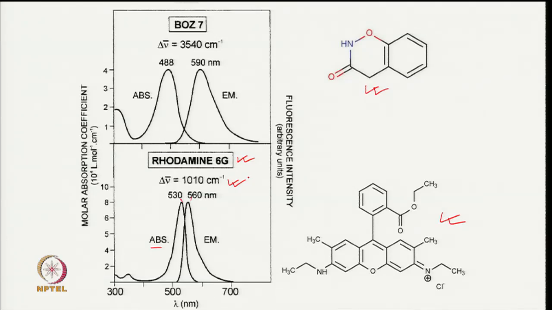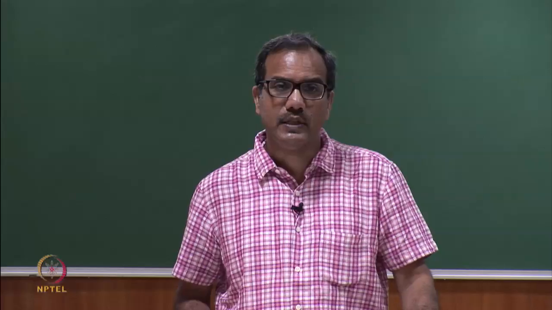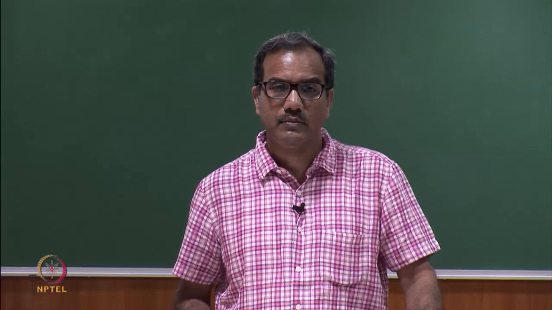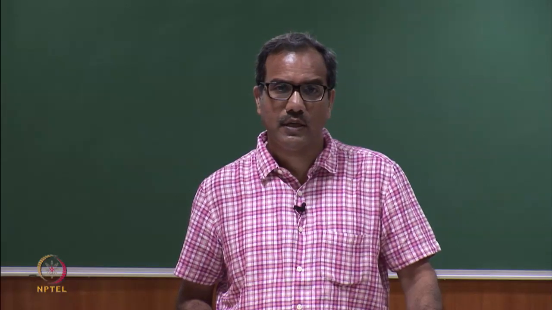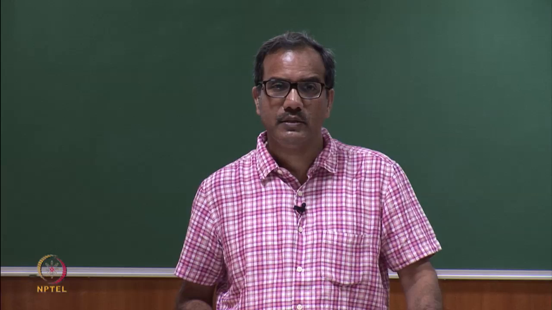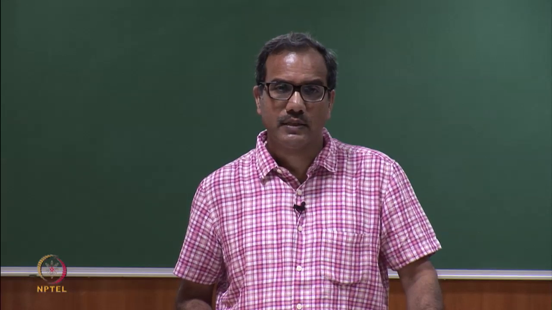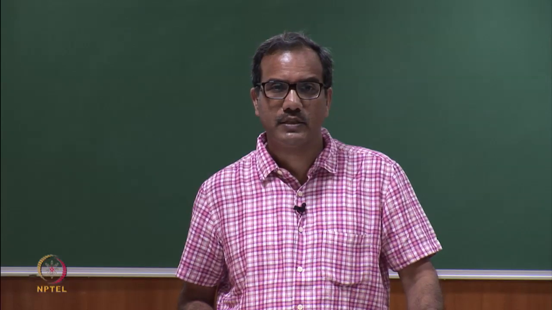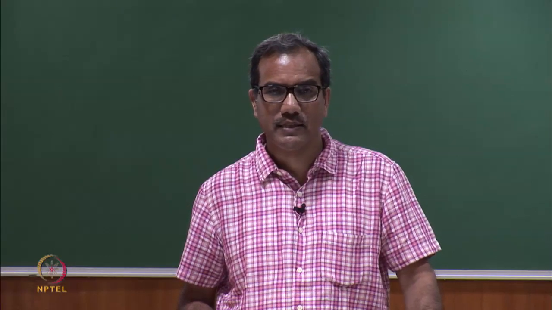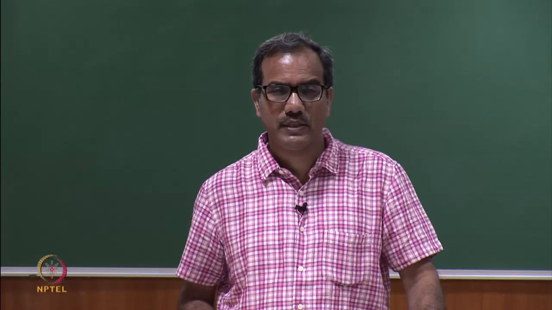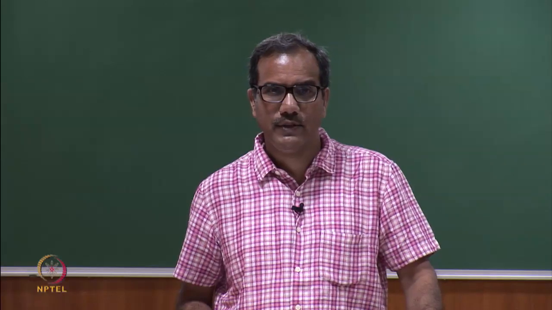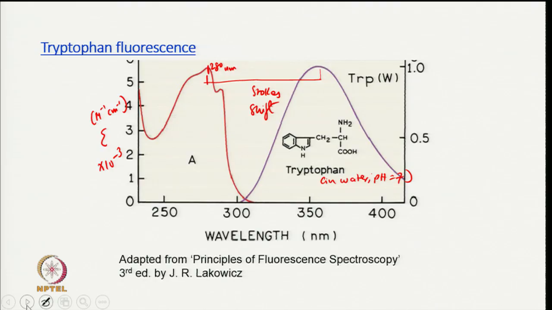In proteins, as I discussed in the UV visible spectroscopy chapter, there are 3 amino acids with the side chain as an aromatic ring. These amino acids are tryptophan, tyrosine and phenylalanine. So, let us look at how they fluoresce.